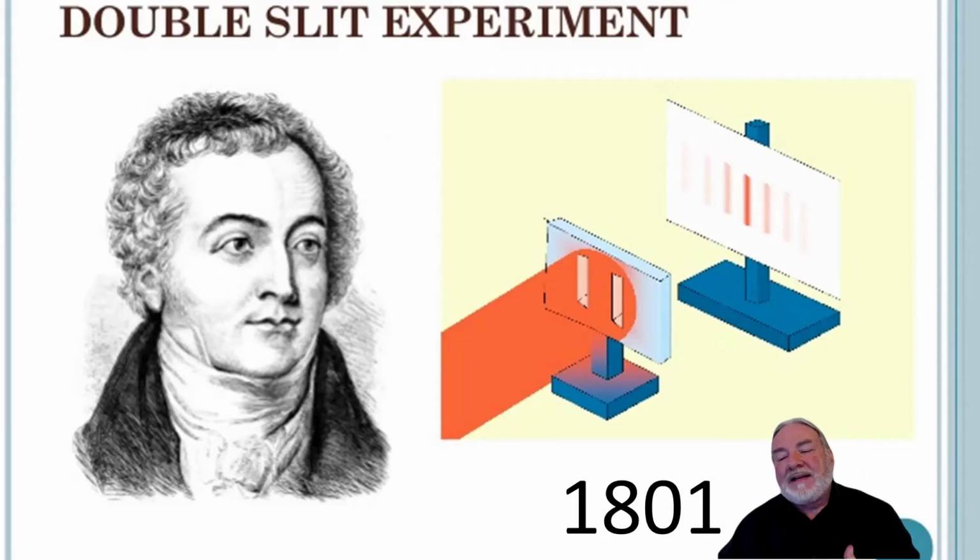And then he had a back detector screen. His thinking was, if light is a particle, it's as if you're firing a machine gun at the first slit, and you'd expect to see a clump pattern at the detector screen.